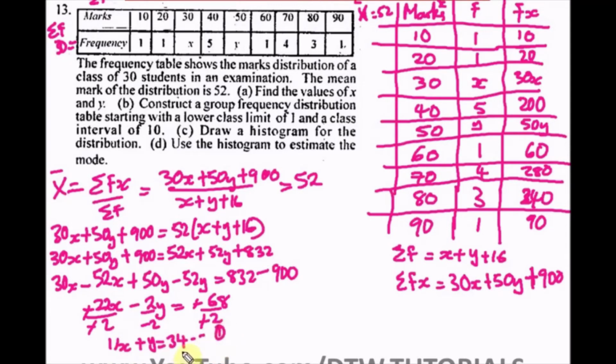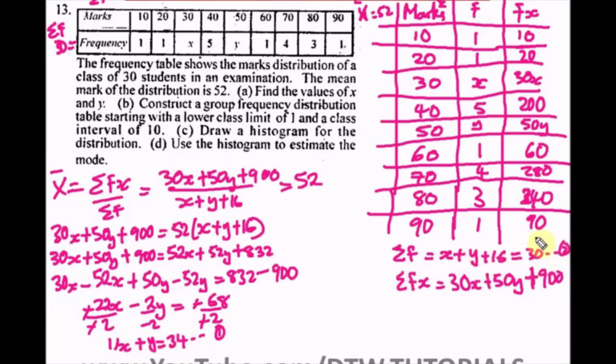Now remember that we're given the value of our summation of f as 30. So this is equal to 30. This is our equation 2. We can now use these two equations to get our values of x and y.